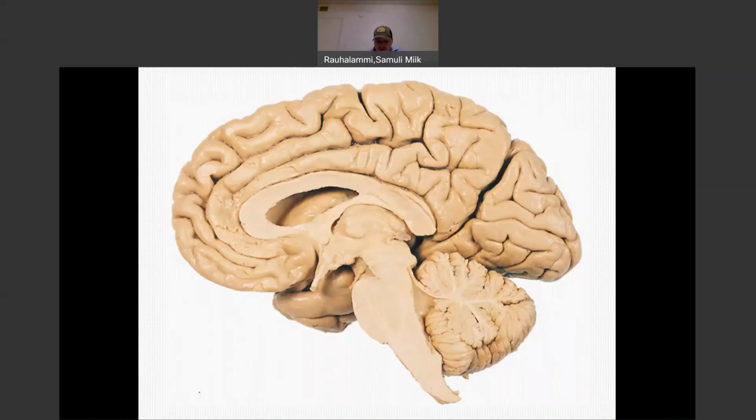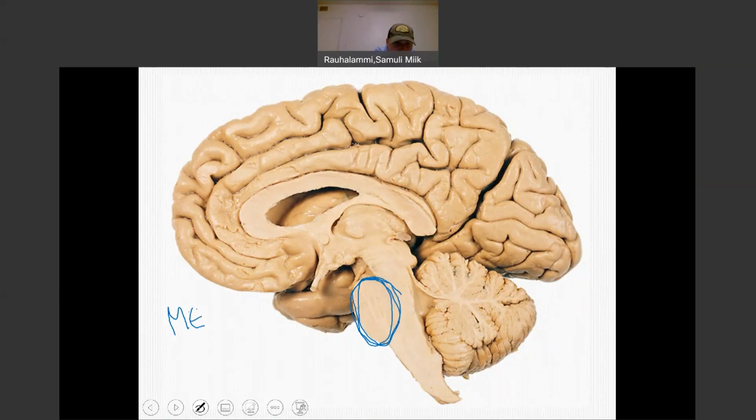So at the level of the central nervous system, the control of respiration, the main control center is going to be our medulla, or medulla oblongata, if you're using the proper full name. And the further modification takes place at the pons then.